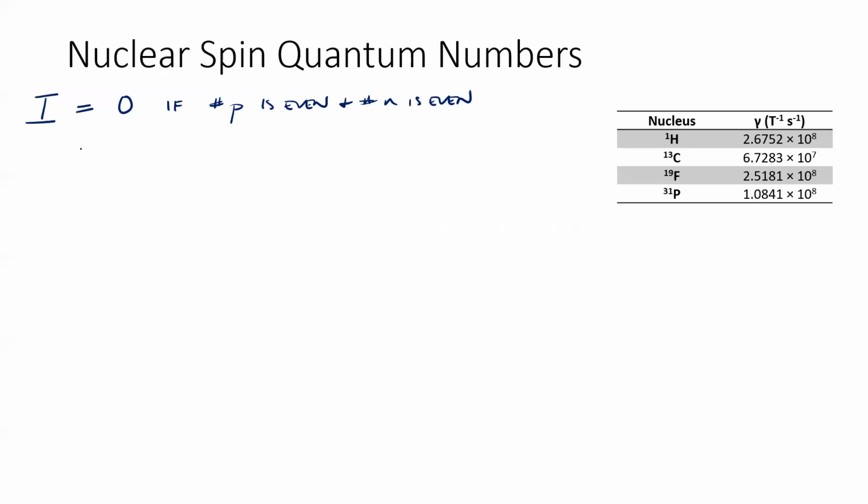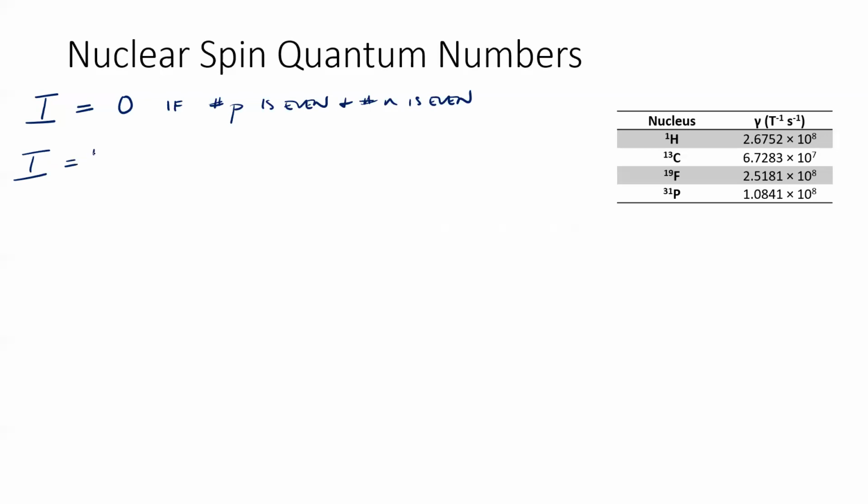No spin doesn't help us out a whole lot. There's nobody that does NMR on these kinds of molecules, right? You're not going to find anybody that does neon 20 NMR. Doesn't do anything. That's also why we don't use carbon 12 NMR, right? All the carbon NMR that we do is carbon 13 NMR.